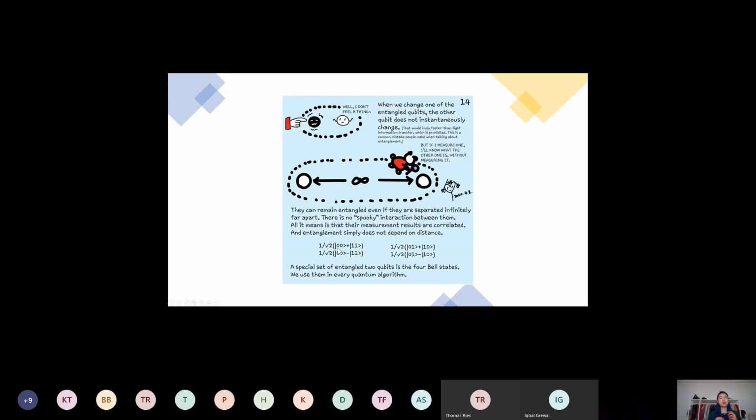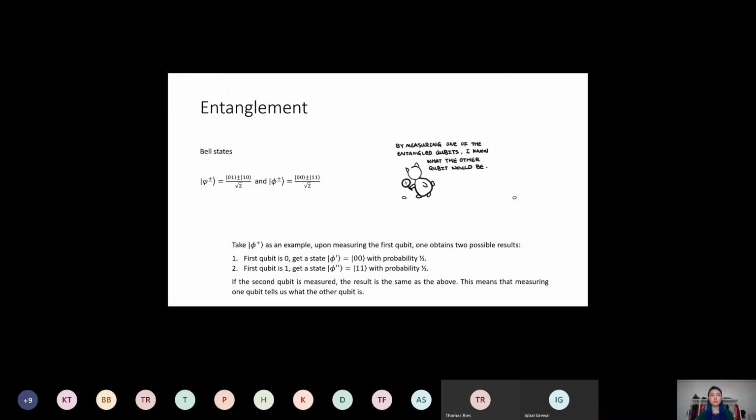All these superposition states have equal probabilities of existence, and they could have plus or minus in between them. What happens is, let's say, if you take the phi plus, it's just an arbitrary label, take that as our state to look at.